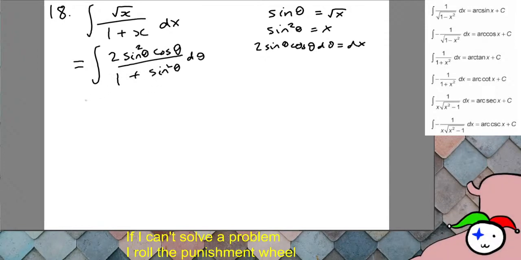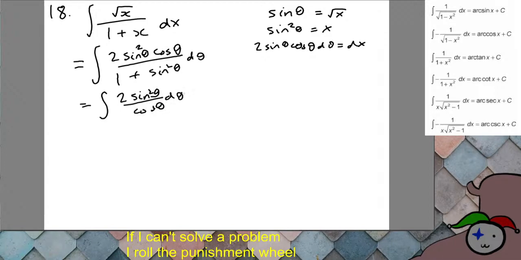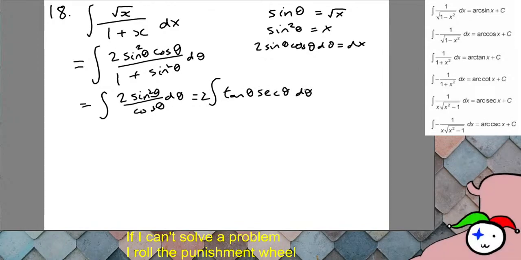Which is cos squared, which is tan, secant. Did we do this before?